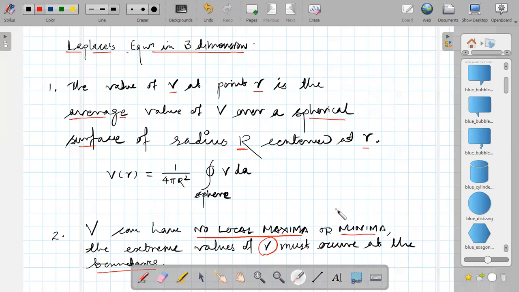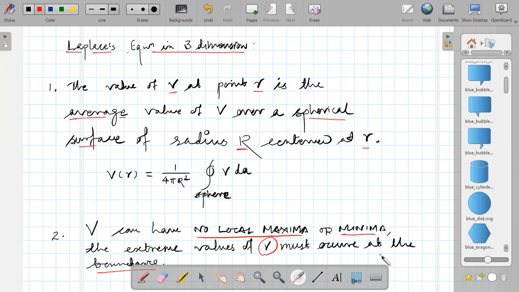And point number two, the main point is we can have no local maxima. This is the important word: no local maxima as well as minima. But it has extreme values at the boundaries. These are the two important properties of Laplace equation.